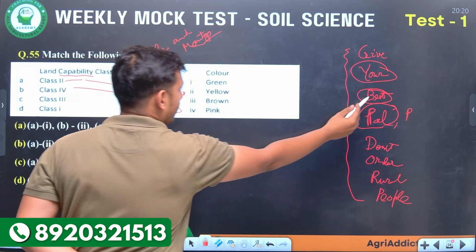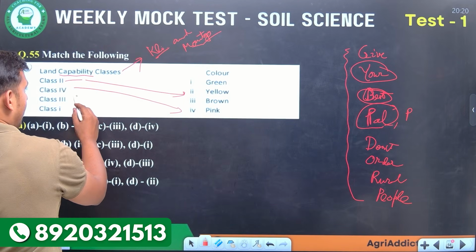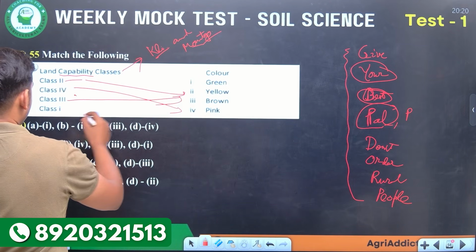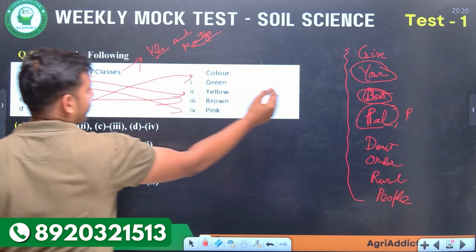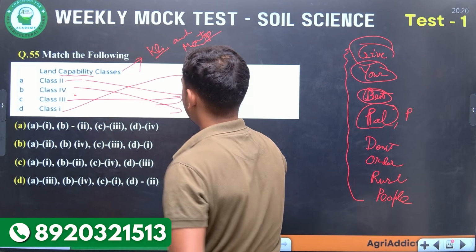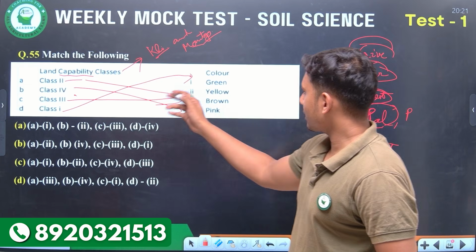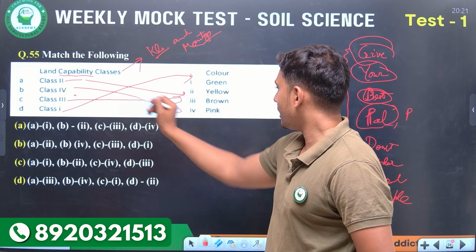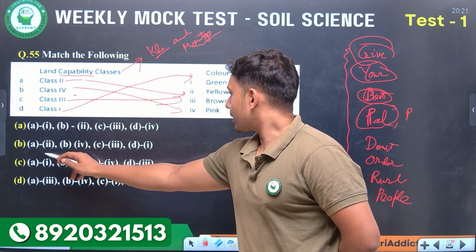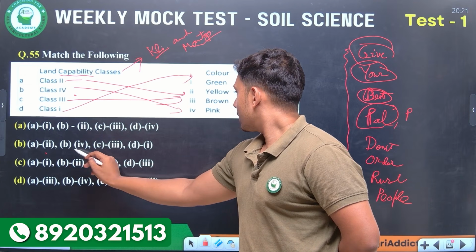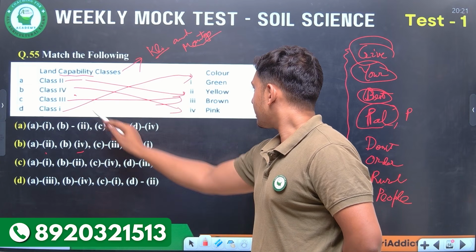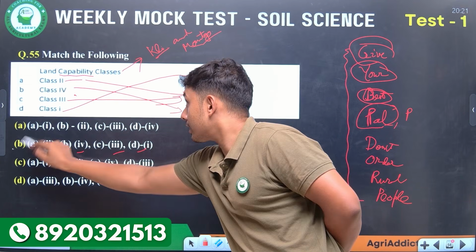The first letter is B, so it is brown. And then class 1 is green, give. This is one kind of sentence that you can remember. So the accurate option will be this one. This is 2, yellow. This is 4. This is 3. This is the correct answer.